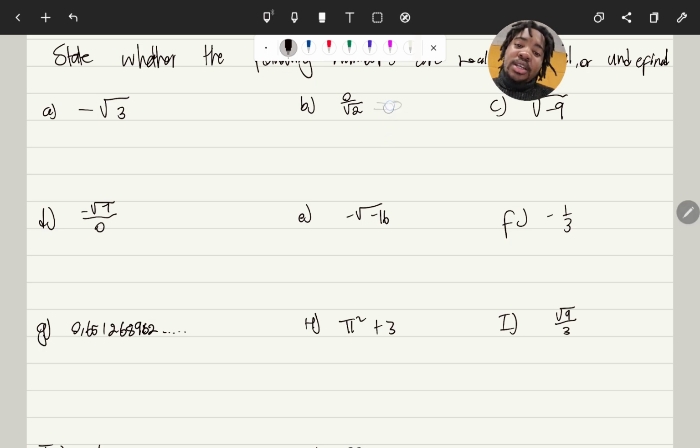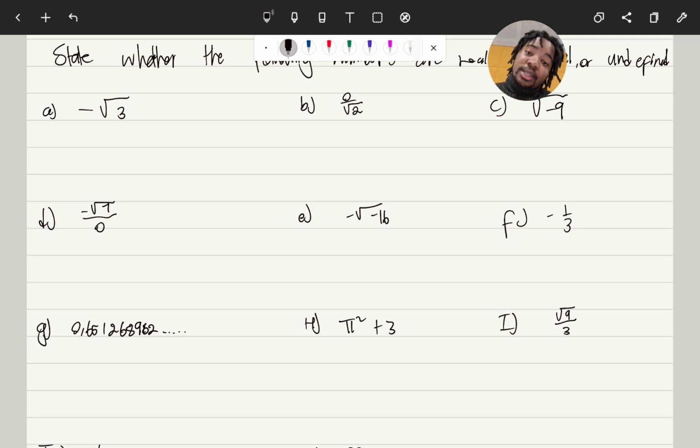So here someone could have been tricked by this square root of 2 to say, square root of 2 is not a rational number, it is irrational. And since here we have a fraction where we have at least one, a numerator or denominator being irrational, the whole thing cannot be rational, right? It is irrational.